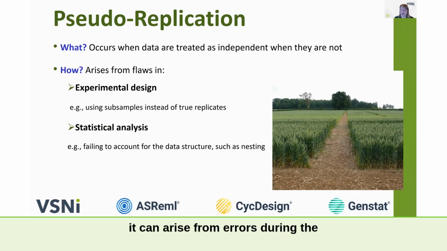Secondly, it can arise from errors during the statistical analysis when the structure of our data is inappropriately accounted for. For instance, in a clinical trial, if we've got nesting of patients within clinics and the structure isn't accounted for in our analysis, then we have pseudo-replication.